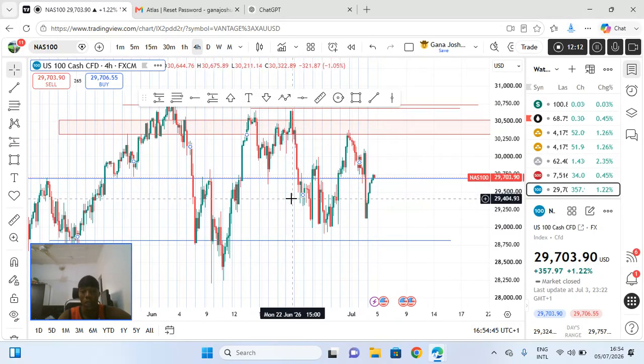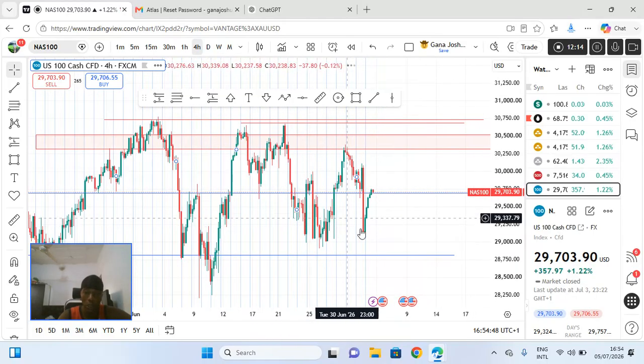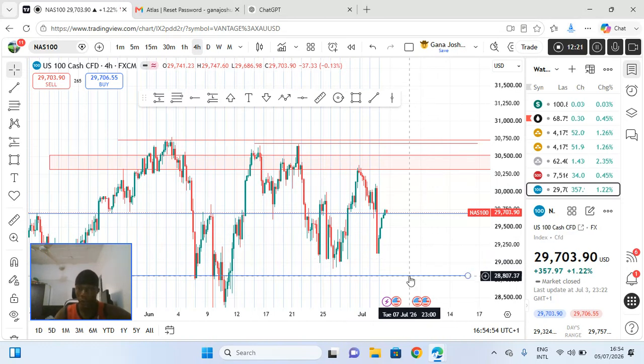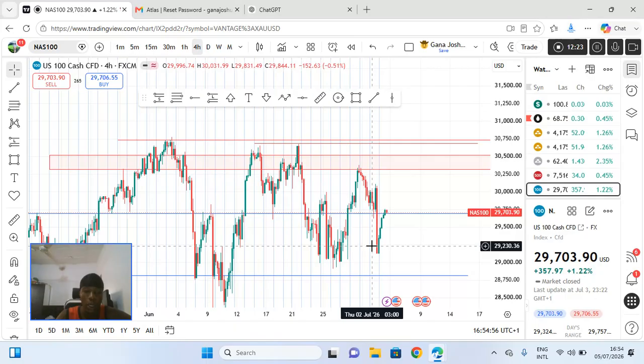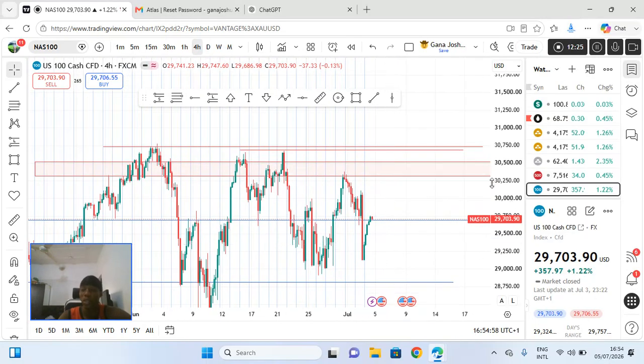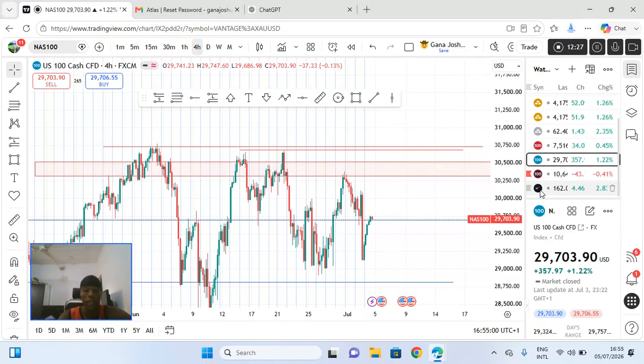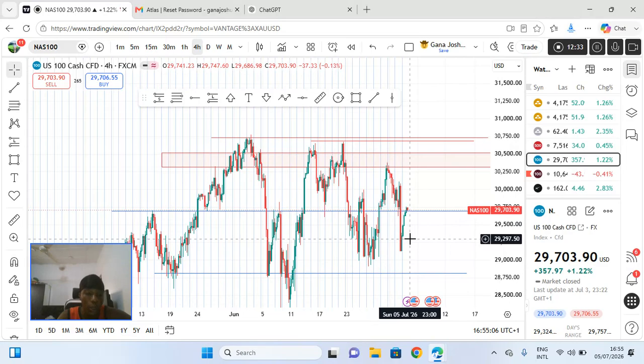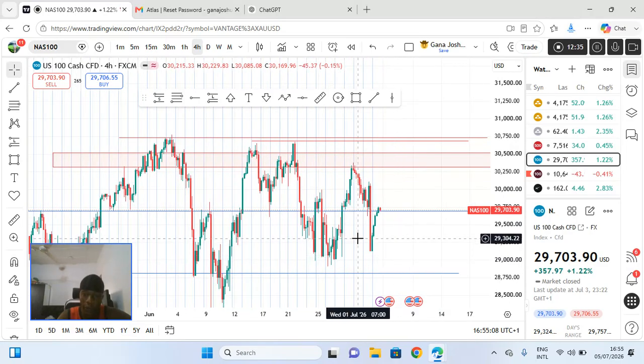So they are in a range, but fundamentally, what's pushing these indices is the AI craze. Investors are interested in AI right now, and most listed companies have something to do with AI innovation, and that's why there's a whole lot of optimism with investors right now.